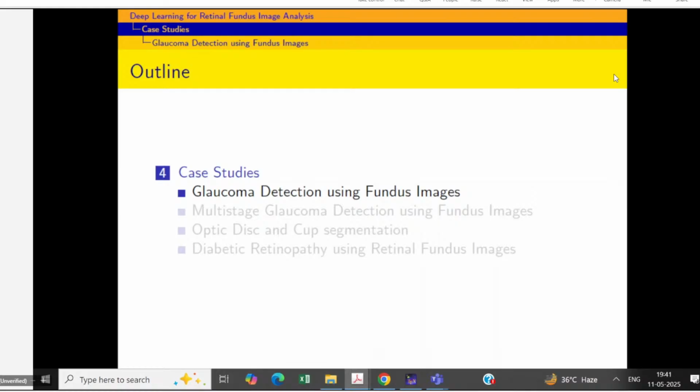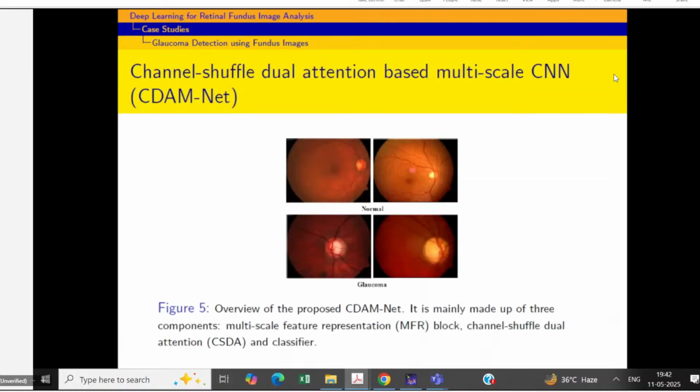The goal, of course, is to detect the disease early, because we know this can be easily used in underserved regions. If you can design a CAD system which can be easily integrated into mobile systems and deployed on edge devices, then with the help of fundus cameras you can easily capture these photos and process them with your algorithms.